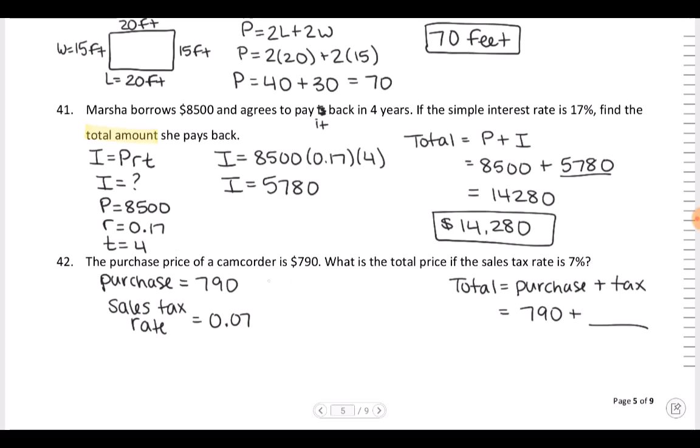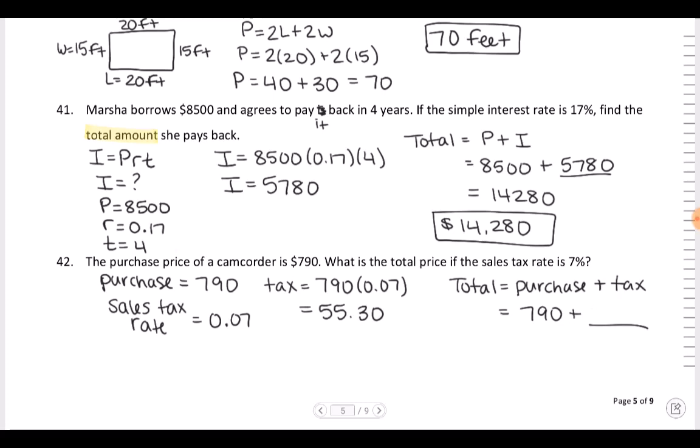So to find the tax, I'm going to take the $790 and I'm going to multiply it by 0.07. So 790 times 0.07 is equal to 55.3, $55.30. I'm going to put a 30 because it's money, right?